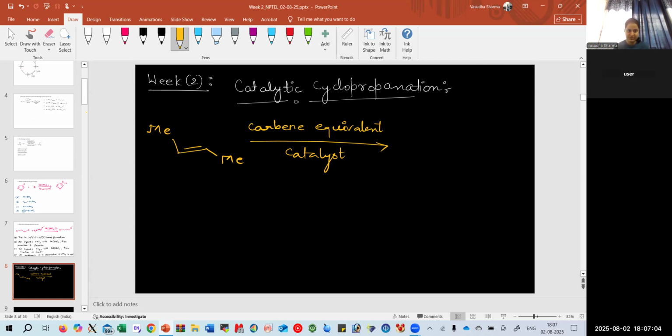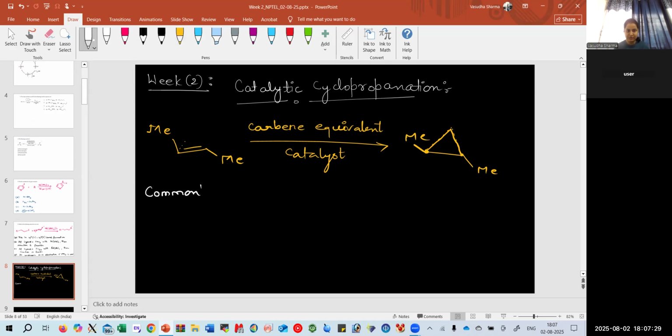So one extra carbon will come and therefore it will form a cyclopropane group where the substituents will remain as such. So at these carbons where we had an alkene bond, now we have a cyclopropane group.